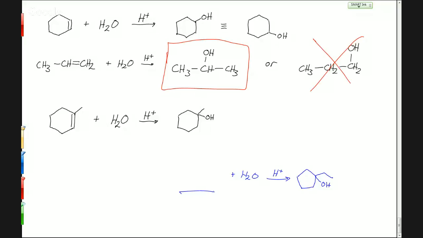Anybody want to come draw one? No, no one else can draw it? You're not confident? All right, if I give you one, do you think you can find the other one?